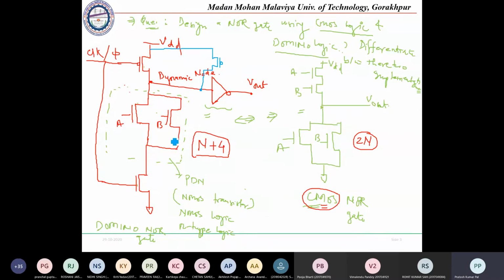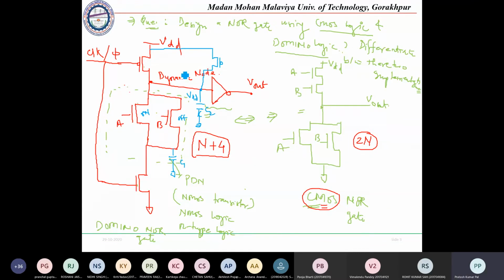Suppose at that point there is a capacitor C1, and here there will be C load, or you can say C2. If this one is on and this is off, there will be a connection, and whatever node voltage is there, suppose that is VDD, gets shared between the C1 capacitor and the C2 capacitor.